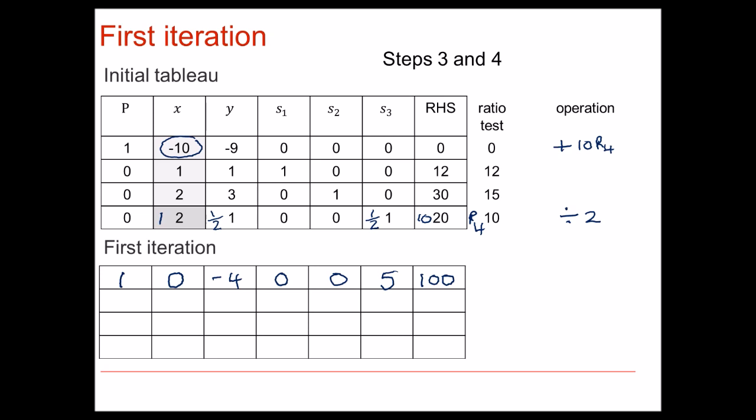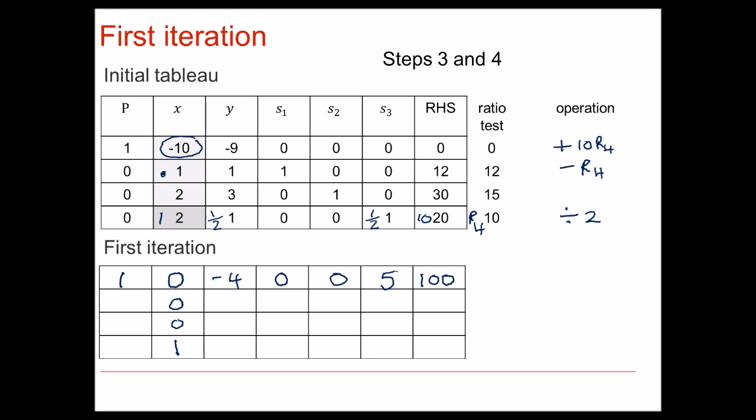With the next row, I've got a 1. And therefore, I just need to take away 1 lot of row 4 to make that a 0 there, which is what I'm after. Remembering that I want that column to end up looking like that. You'll note that where I added to the objective row because of a negative, I will be subtracting multiples of row 4 from the other constraint rows.